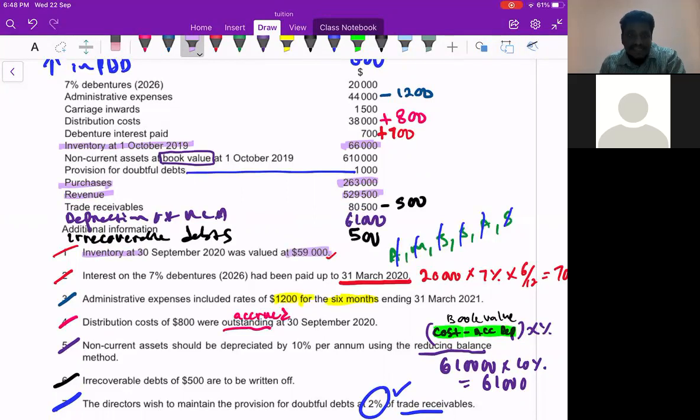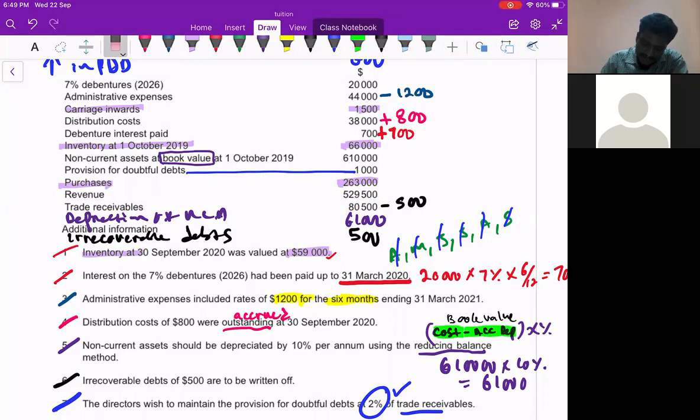If you got purchases return, sales return, carriage inward, goods for own use, all this will be included in the cost of sales. We have a carriage inward here, but I didn't see purchases return, sales return or goods for own use. So based on this information, we will do it. Revenue also no need. They're asking only for cost of sales.